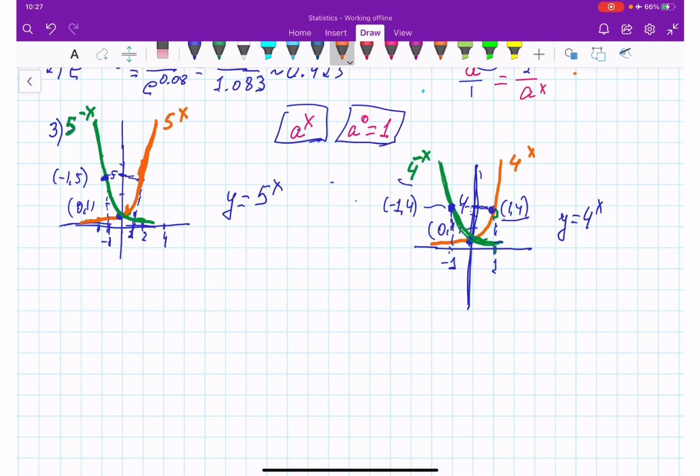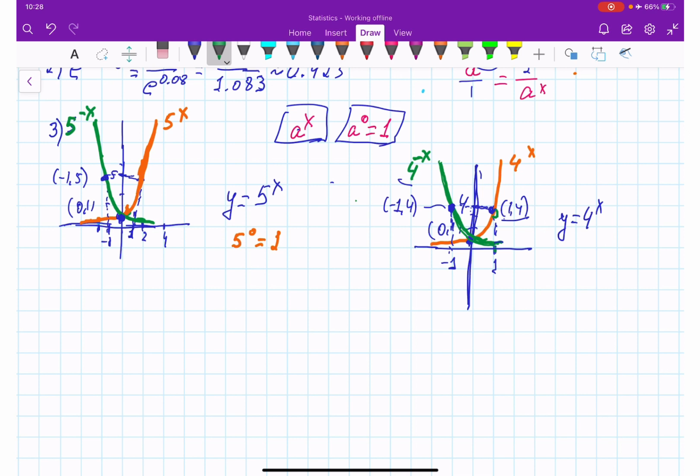Yes? All right. So one also very important thing: no matter what, if it's negative x or positive x, both of them are crossing at the point 0, 1. Because if x is 0, it doesn't matter whether you have negative x or positive x, you will end up with 1. Let's see. 5 to the power 0 is equal to 1.